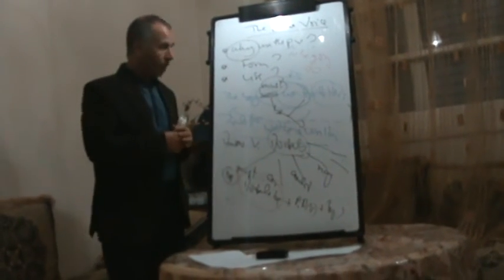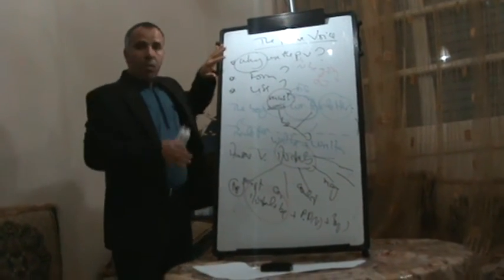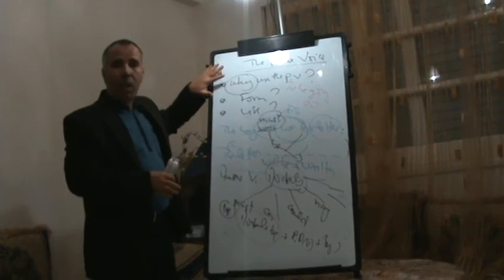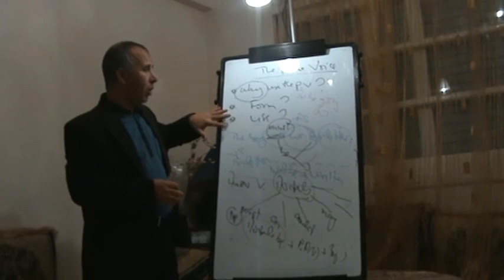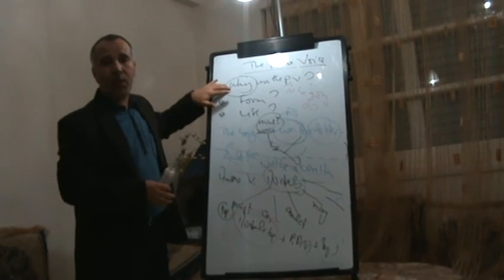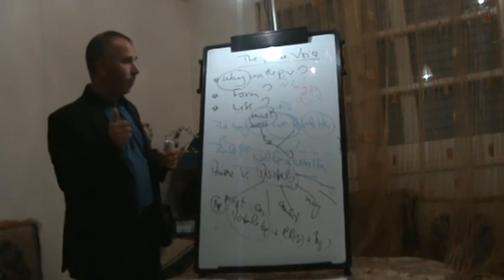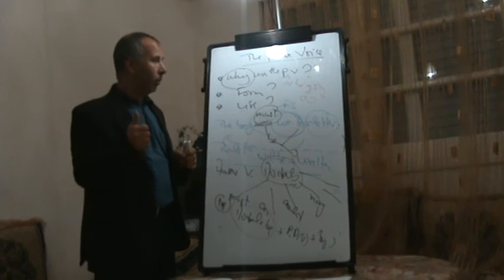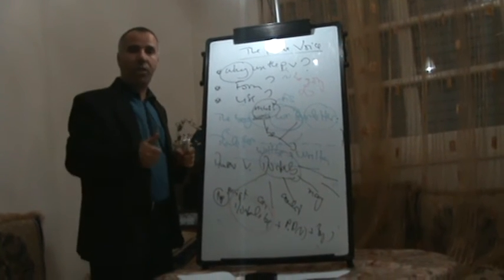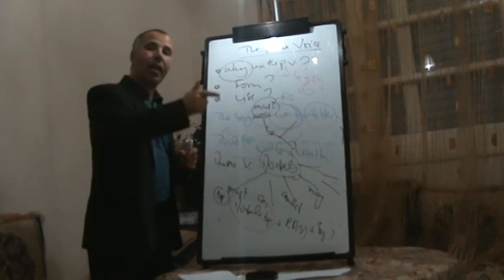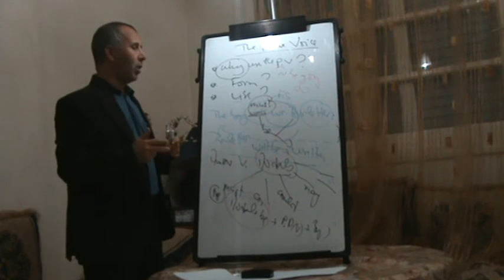So, as a summary, we can go to our first three points. Why use the passive voice? Because we don't know the agent, or because the agent is not that important, because the action is important.